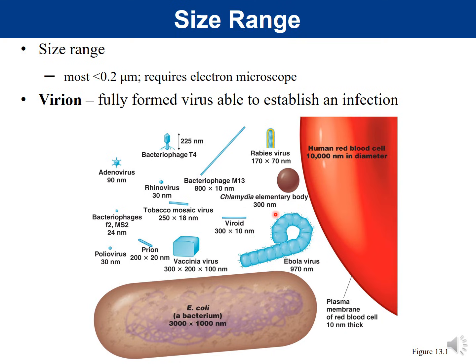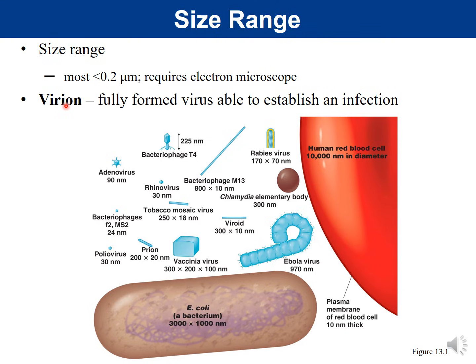Ebola is much larger and it causes hemorrhagic fever, which patients typically die from. And so it's important to notice that it's not the size of the virus that matters. Virus particles are infectious and cause various diseases independent of their size. So there's no correlation whatsoever between the size of a virus and how damaging it is.